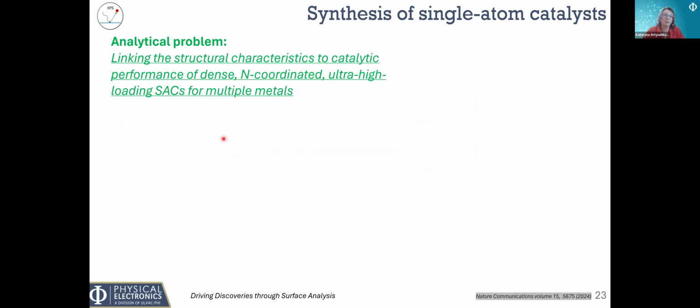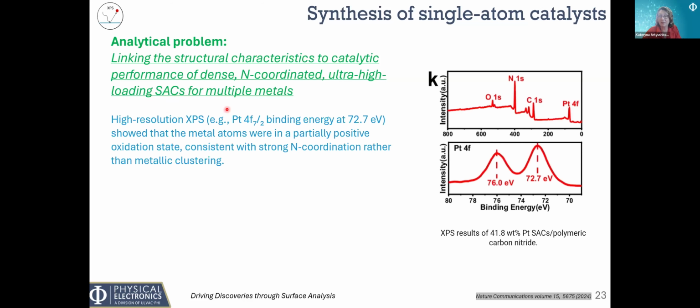The second example is trying to understand whether the synthesis that is being used to create single atom catalyst is actually working. It's very challenging to create single atom catalysts supported on different types of supports without them agglomerating. The authors use multiple methods, but I'm showing results just from one.